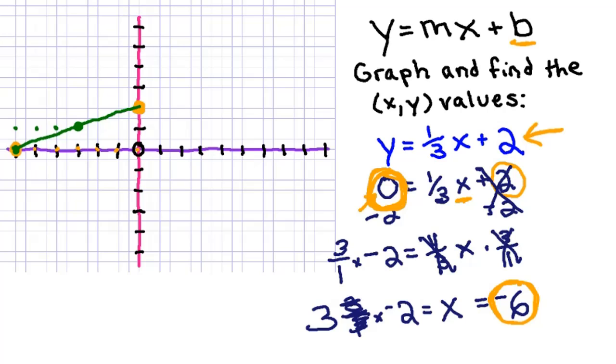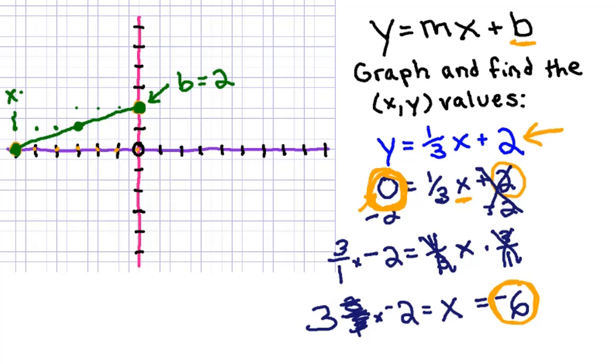And if we do that again, up 1 and over 3. So the slope is right. My line is kind of crooked, so it's a little bit off, but the slope is right, up 1 over 3. So we have an x-intercept value of negative 6 when y is 0, where the line crosses the x-axis, and when x is 0, where the line crosses the y-axis, our y-intercept, our b, is 2.